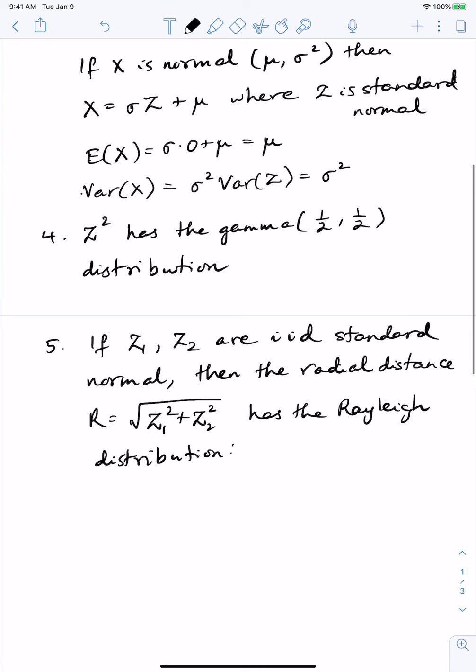And while we're writing things down, the density and by integration or other means, the CDF.